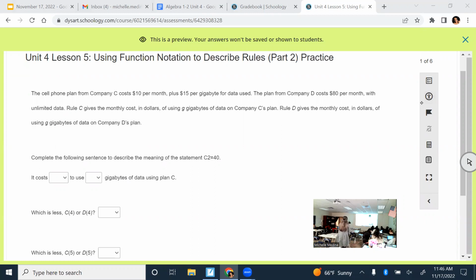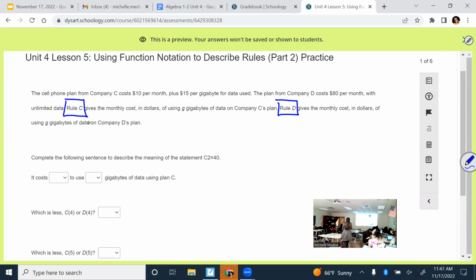Rule C gives the monthly cost, so that's like saying function C, right? Rule C gives the monthly cost in dollars of using G gigabytes of data on company C's plan. Rule D, so function D, in other words, gives the monthly cost in dollars of using gigabytes of data on company D's plan.